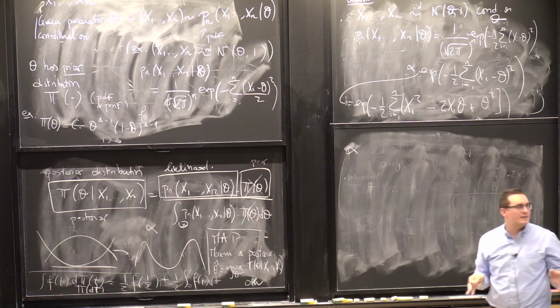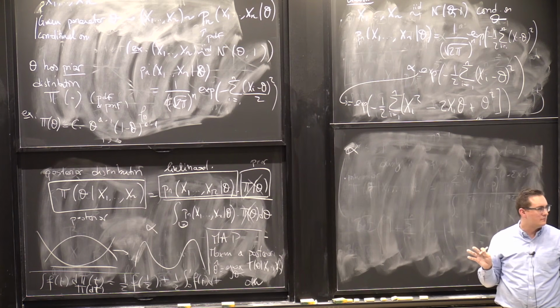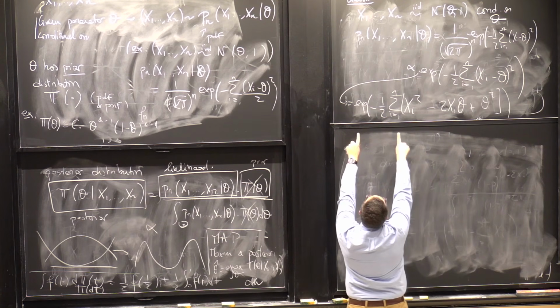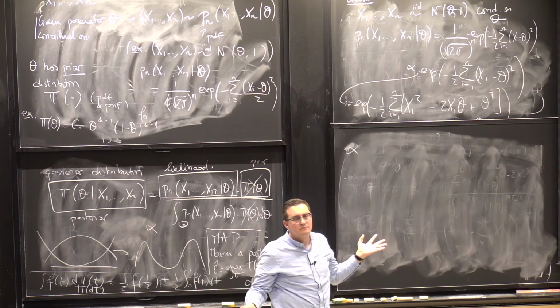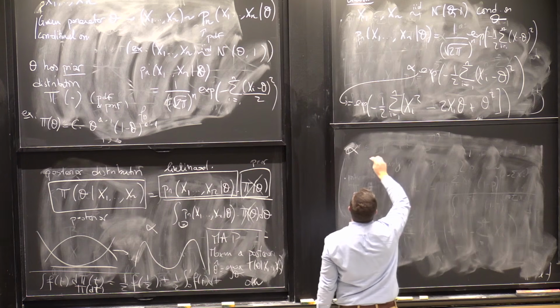So every time I see a term that does not depend on theta, I can just push it in there and make it disappear. Agreed? OK, this term here, exponential of minus 1/2 sum of xi squared, does it depend on theta? No. So I'm just pushing it here. This guy, yes, and the other one, yes.